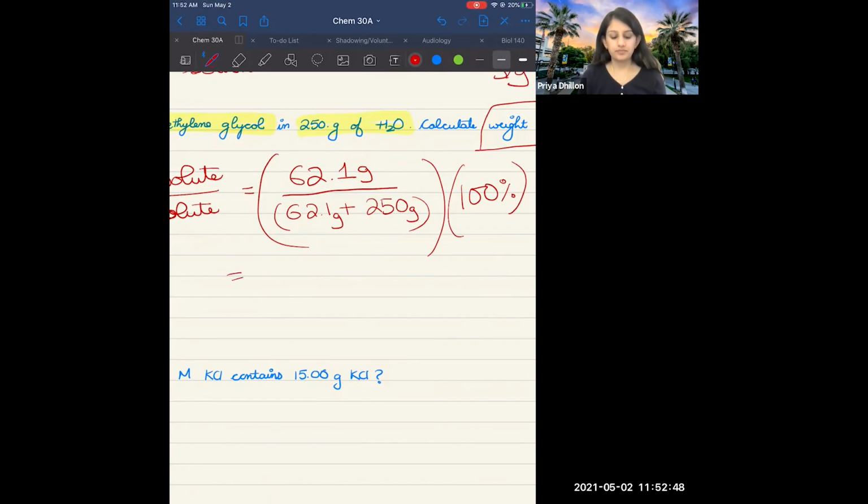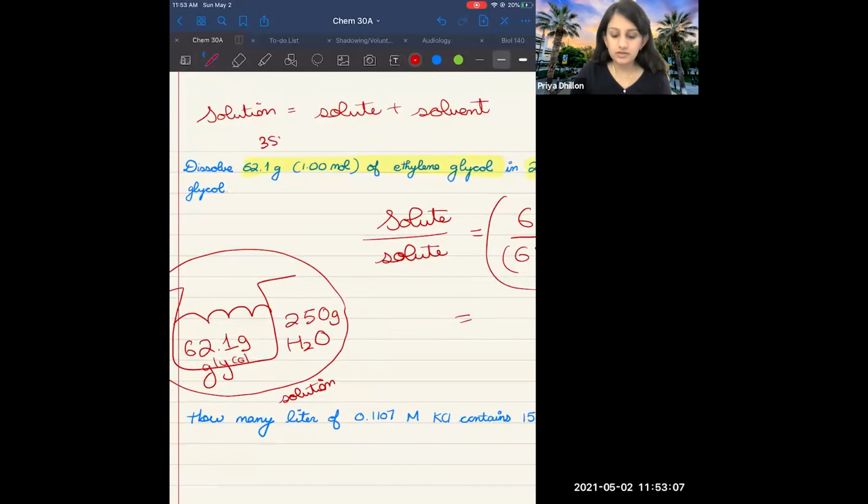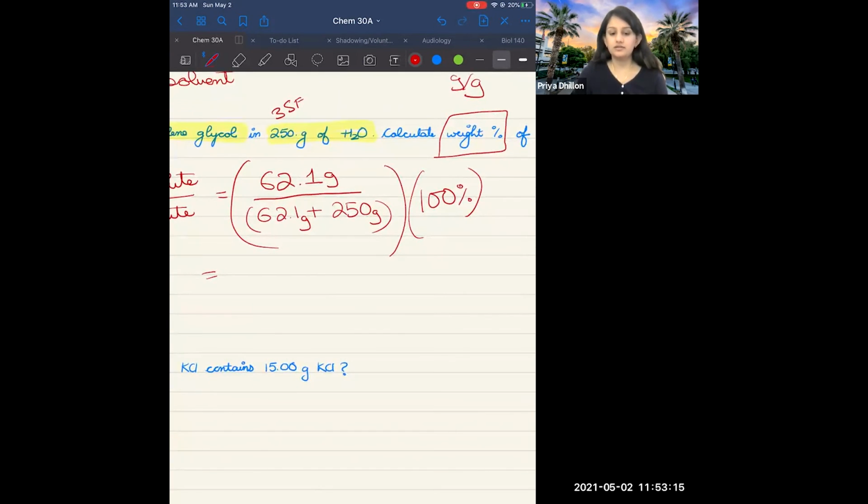It's close to what I got, but let's keep the answer in 3 sig figs because we have 3 sig figs and 3 sig figs. So what would it be exactly?